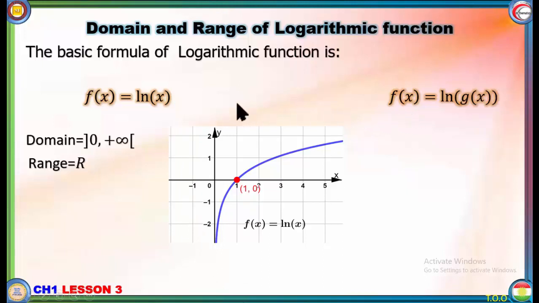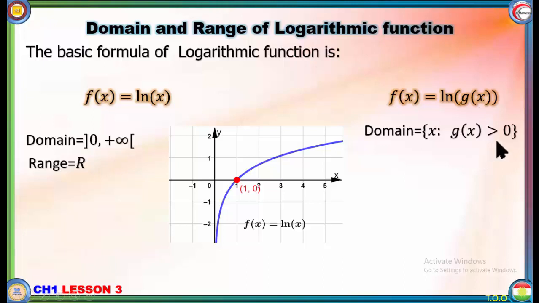If we have a function g(x) inside the ln, that means the domain of ln of a function is all real numbers x for which this function is bigger than 0.